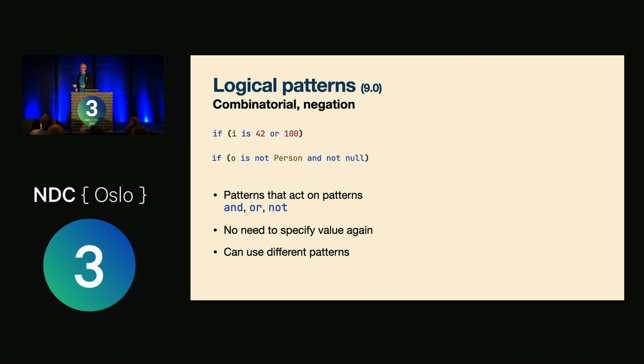We can apply that to our constant pattern, and we've got another way of checking for null or not null there, and we can evaluate that. And we've got the and or in there as well, so I can check on multiple things. I can check to see if my integer value there is a value of 42 or a value of 100, and act appropriately. Now I could do this with I equals 42 or I equals 100, but the benefit of doing it with a pattern like this is I only need to do the expression once.